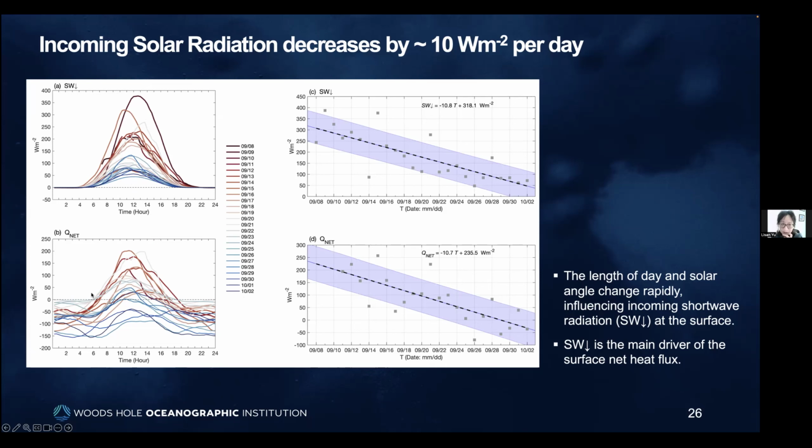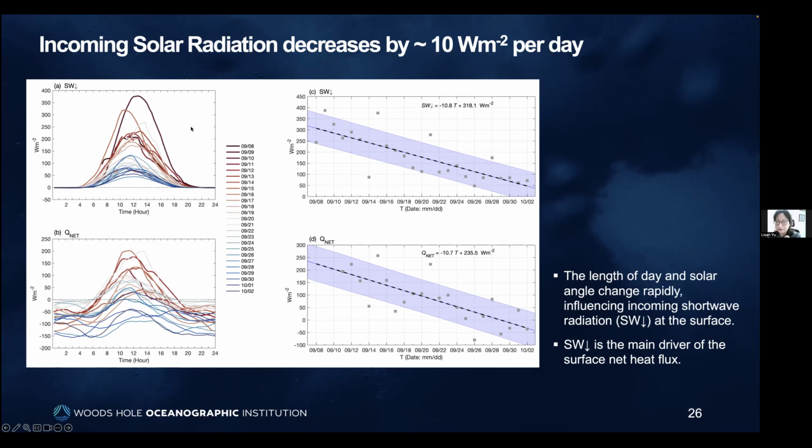So the Qnet also shows a strong diurnal cycle driven by the solar radiation. The Qnet at the beginning is positive in the daytime hours, but by the end of the cruise it is mostly negative, with still weak diurnal variability.